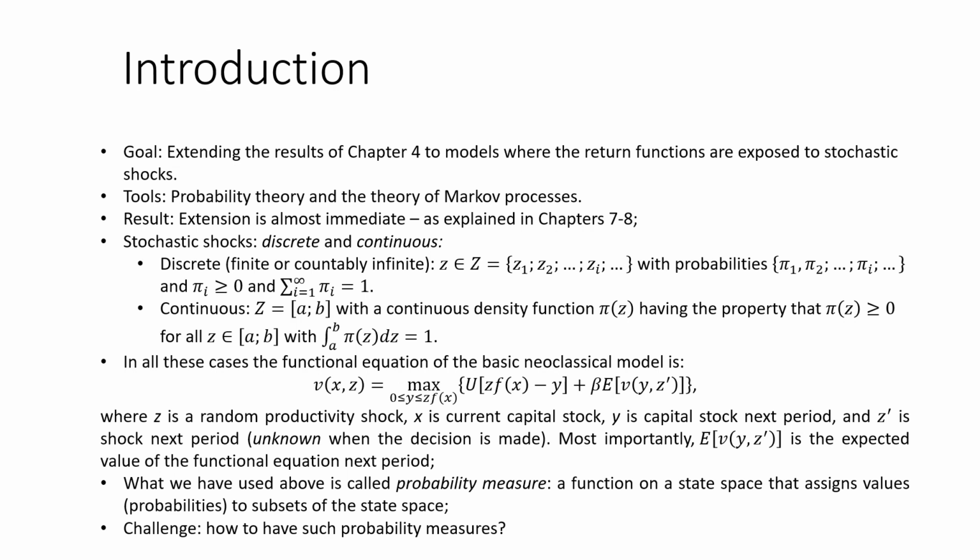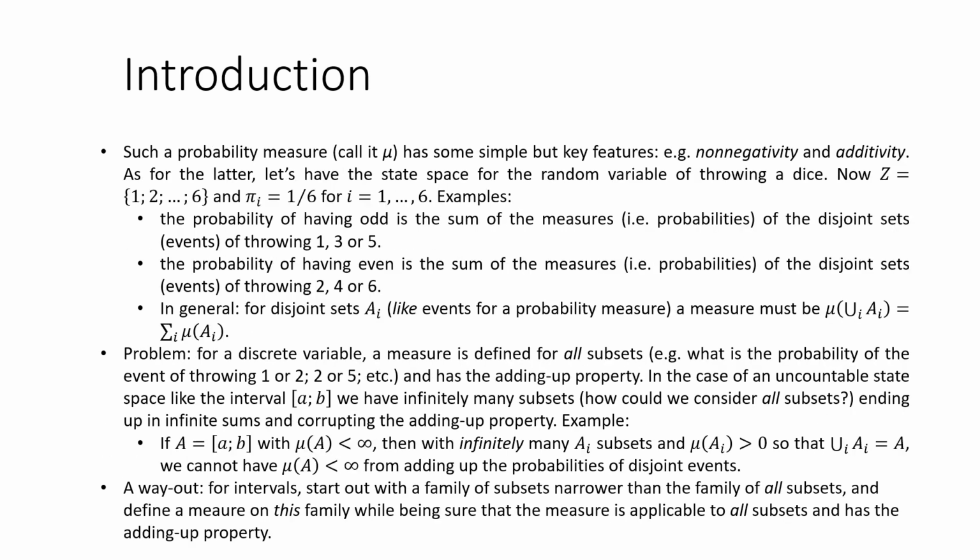So the question for this lecture is how to have such probability measures. Such a probability measure, let's call it mu, which is a function, has some simple but crucial features. One of these key features is non-negativity, and the other is additivity. And let's focus on the latter now.